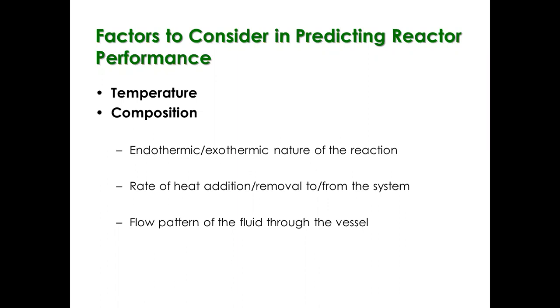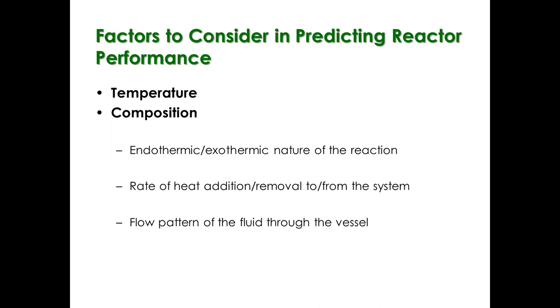They are the primary factors, although we need also to look into the endothermic or the exothermic nature of the reaction. Would it be liberating heat? Will it be needing heat? So that's also needed in reactor design. And in relation to the endothermic and the exothermic nature of the reaction, we also need to know the rate of heat addition or removal to or from the system.